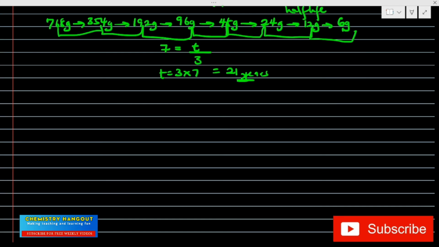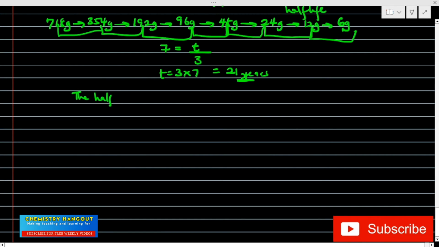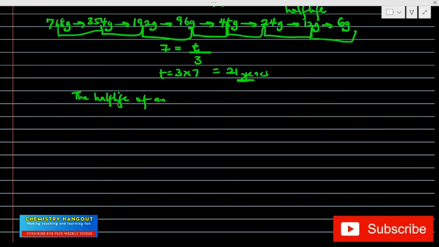Take for example, look at this one. They said the half-life of an element is 5 days.